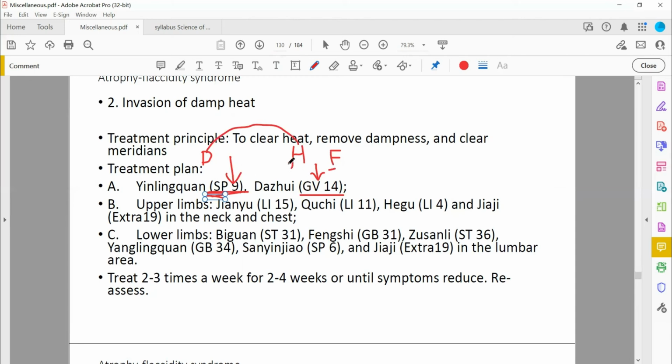Damp heat, and there's a fever. You still can use this point to clear heat. That's the heat generally. This one is for the heat, especially for the fever. The fever and the heat are slightly different.